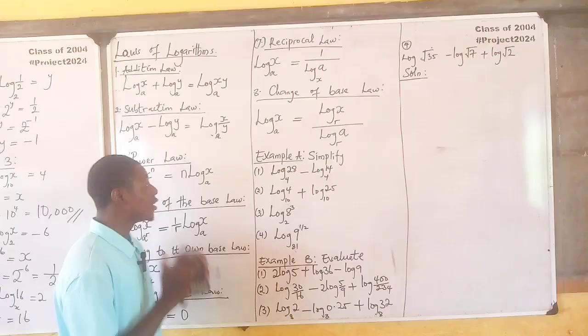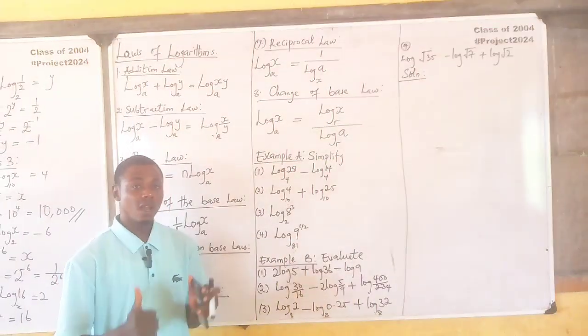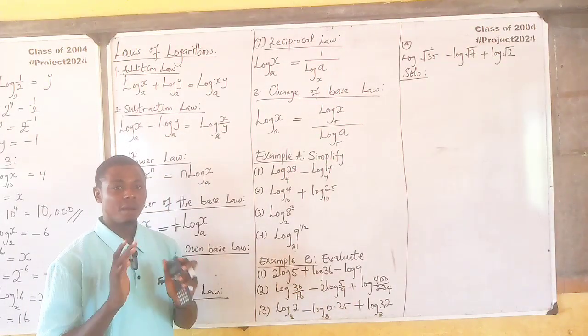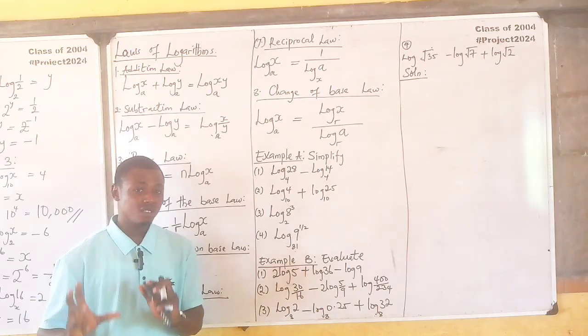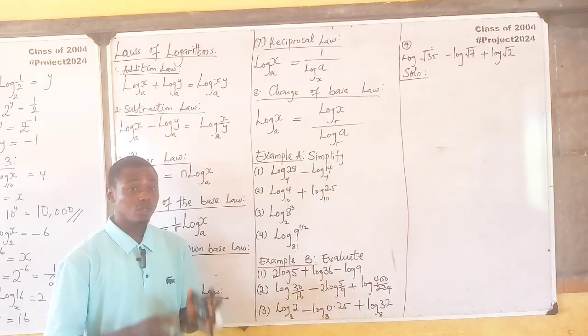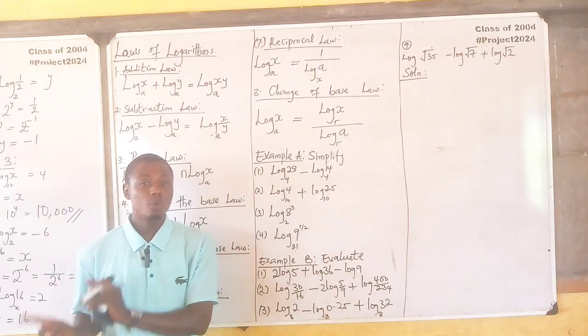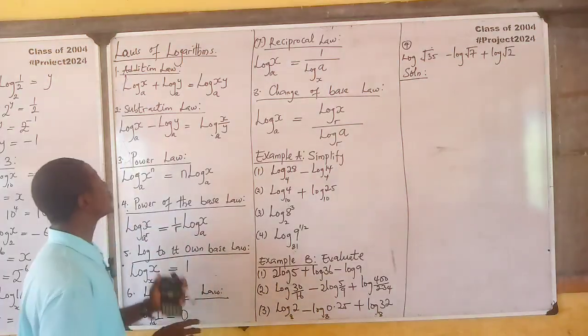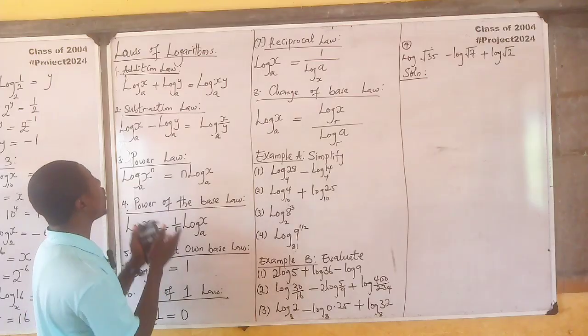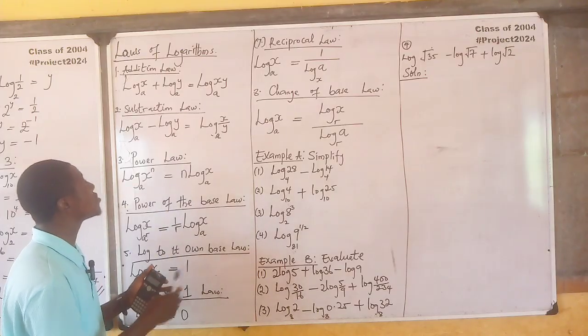Okay, so from the last class or the last series, I have talked about index form and log form and all of that. It's just the introductory part, which is very important. So if you have not watched that video, you need to go back and then watch the video. All right. So today I'm going to take us through the laws of logarithm.